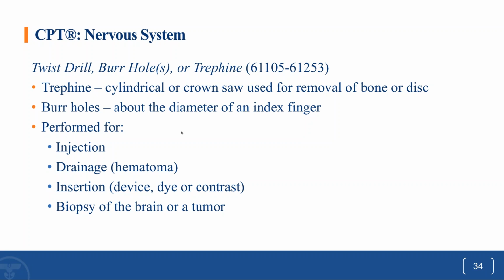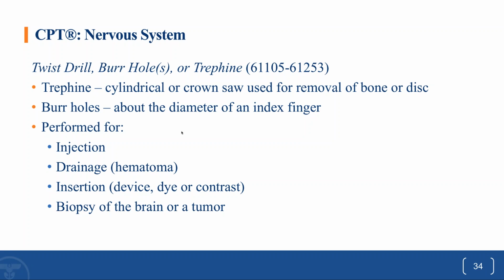The burr hole is bigger than a twist drill hole. The twist drill hole that's on page 370, CPT code 61105, they use a drill in there like if they needed to insert a lead, like a monitoring lead or a catheter.